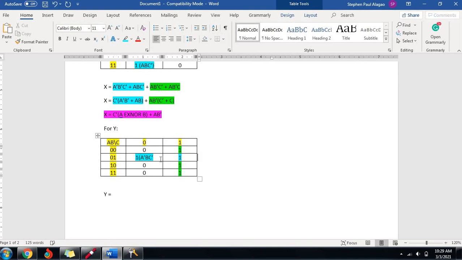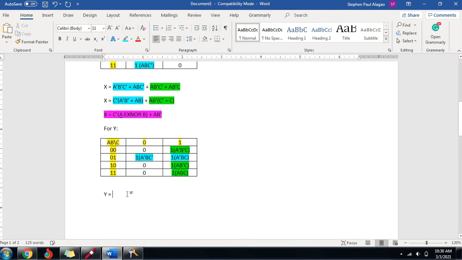Here we have only 1, so you have A bar, B is 1 so B, and C is 1, that is also C. For this one, C is 1, A and B are 0, so you will have A bar, B bar, and C. Now for this one, you will have A, because that is 1, B is 0, so B bar, and C is 1, so C. The other one is all 1s, so A, B, C.